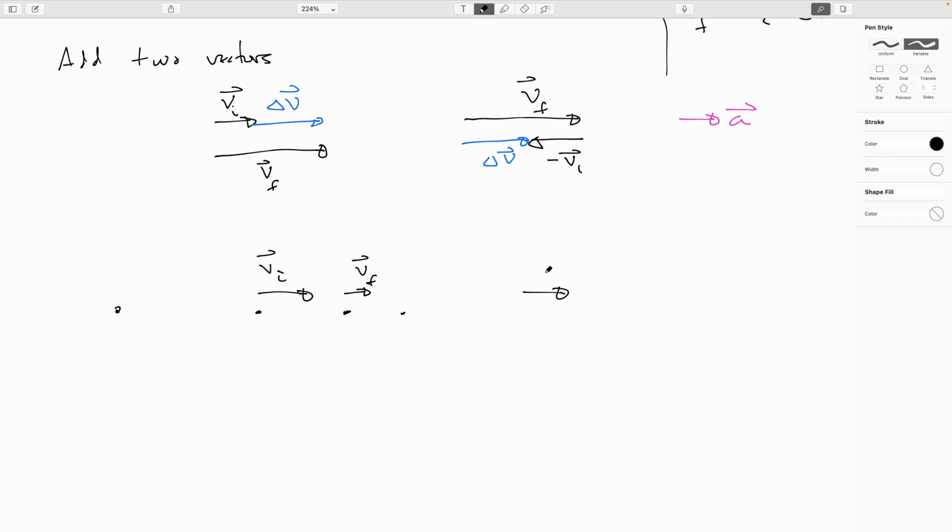I put down my v final. Now I add to that my negative v initial, and we will do much more with this graphical stuff in a later video, but I'm just doing this right now to introduce the idea. And what we get, drawing the unconnected tail to the unconnected head, is that the change in the velocity is pointing to the left.